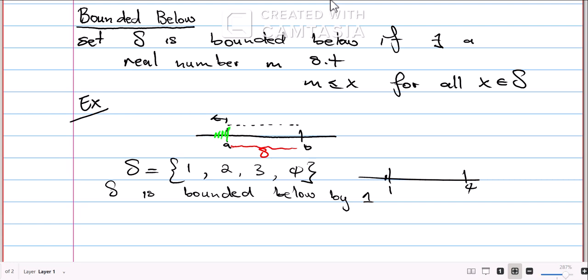The close real number here is 0 or 0.9. So we can say it's 0, 0.9 or 1. Okay, since we have 1 in the set, so we can choose 1. So the set is bounded below by 1.